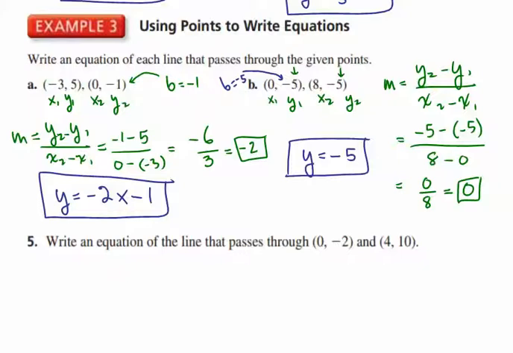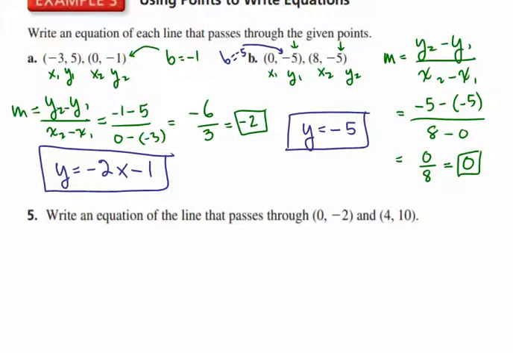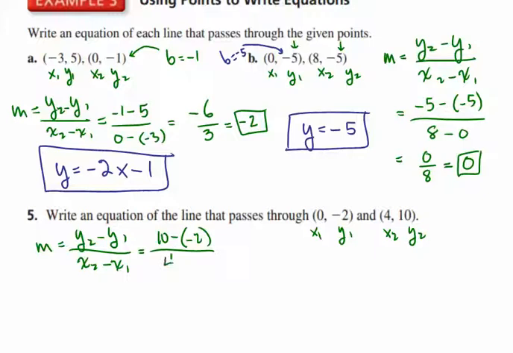All right, we're going to try that one more time here, labeling our points: x1, y1, x2, y2, and m is equal to y2 minus y1 over x2 minus x1. y2 is 10 minus negative 2 over 4 minus 0, which gives us 12 over 4, or a slope of 3.